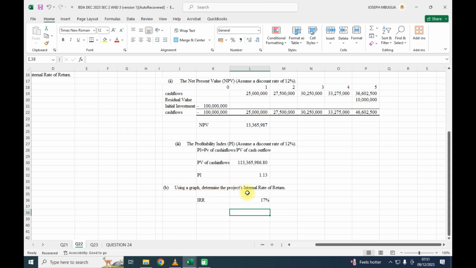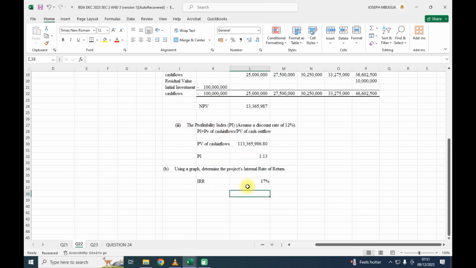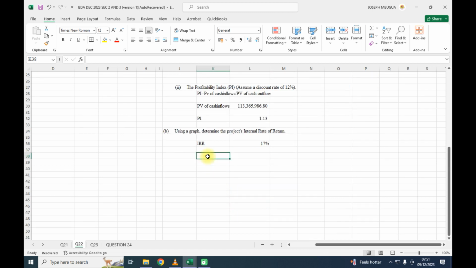Use a graph to determine the project IRR. Remember, I have said IRR is when the NPV is 0, so we shall have our rate and our NPV.